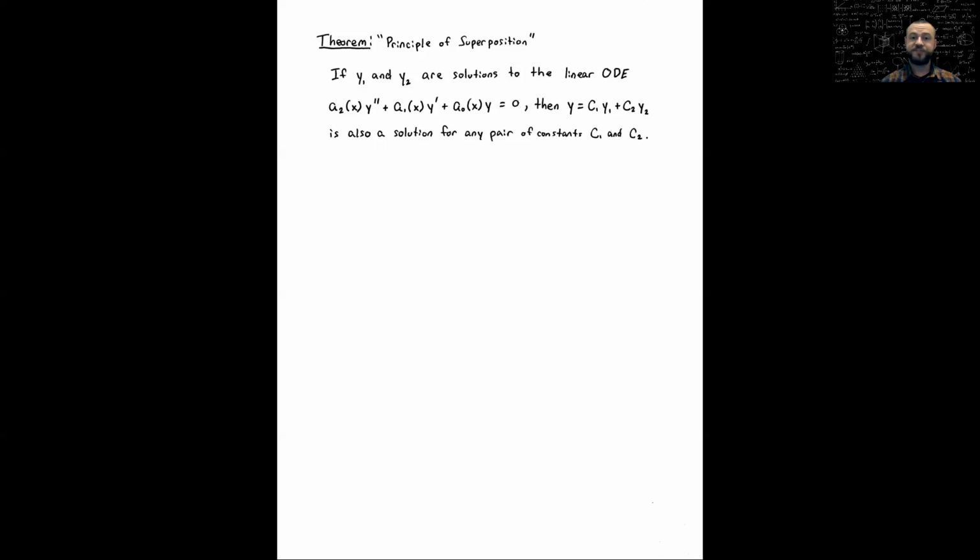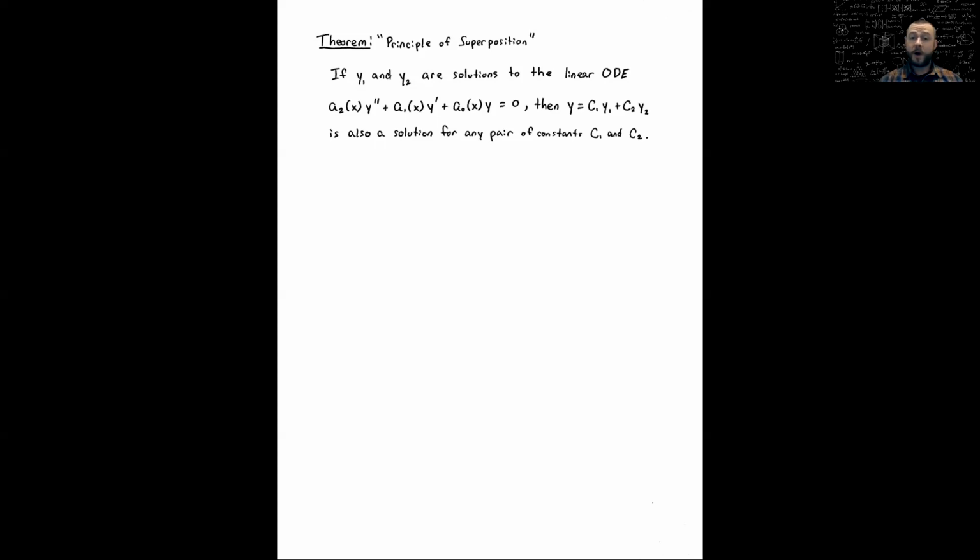All right, and the theorem is very simple. It starts by: if y1 and y2 are solutions to the linear ODE, notice the right-hand side there is 0. We're going to be more specific about why that's 0 in the upcoming lectures.